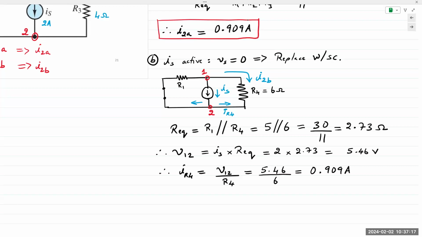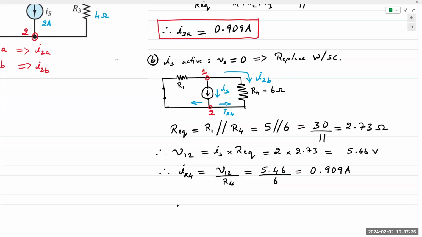And if the notation is opposite, then you have to put the opposite sign. So if current IR4 is 0.909, then I2B is minus of IR4 with the same magnitude, which is 0.909.